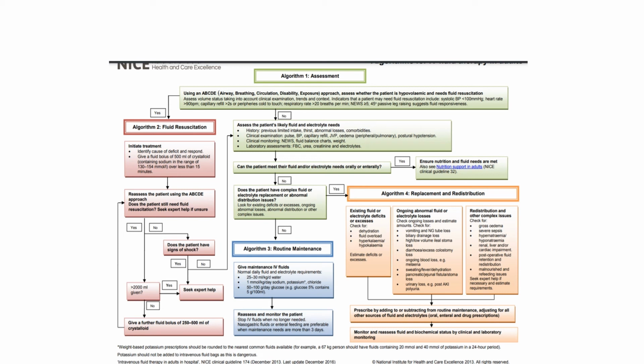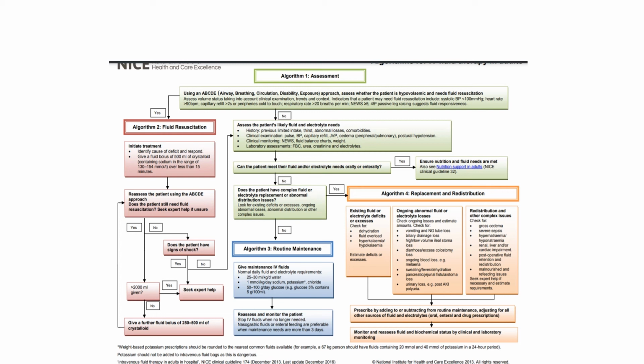So with that, if the patient meets their fluid and electrolyte needs orally or enterally, then you can go ahead with just enteral fluid support. But if the needs are not met just enterally or orally, then you have to consider giving maintenance fluids.